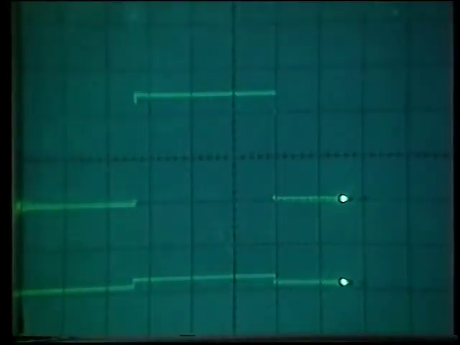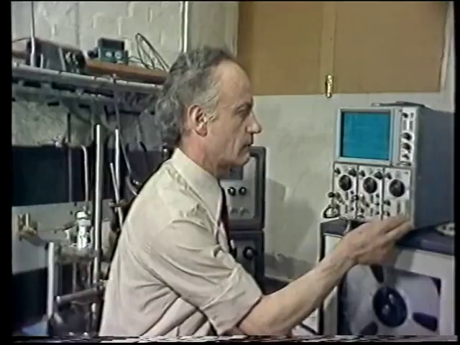Now let's see what happens if we add to the membrane a certain type of polypeptide, gramicidin. The polypeptide will be added to the solution near the membrane and will become incorporated in it. Again, we have the two traces. We turn on the voltage.